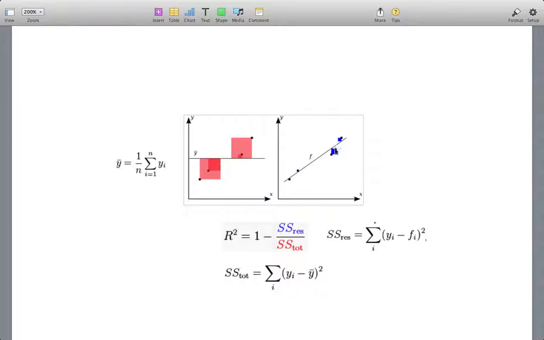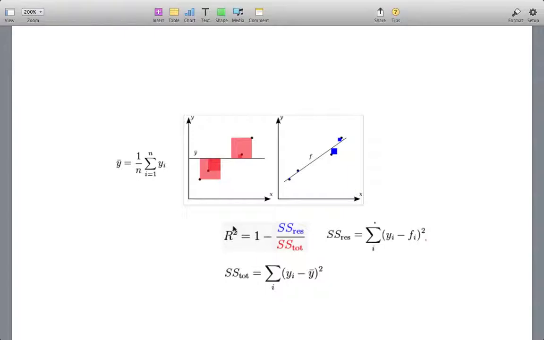So when the numerator is equal to 0, that means that the sum of the squares of the residual values is equal to 0. So in other words, yi minus fi is always equal to 0. Well, that's only going to be the case if these points are collinear. Well, if the points are collinear, we would expect that the correlation is equal to 1 or negative 1. And when we square negative 1 or positive 1, we're still going to get 1.